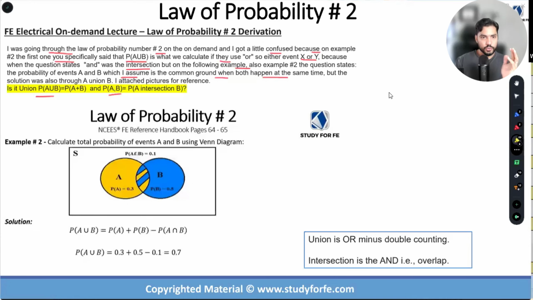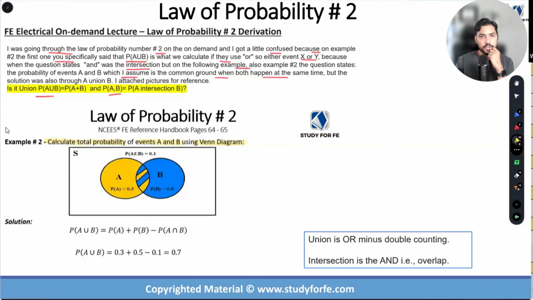Now, if you ignore the question that the student is asking, the way that the student worded it, and you just review the problem statement that the student has put together, it obviously seems like there was a mistake here. But now when we go back to the source and look at the question, the original question, calculate the total probability of events A and B using Venn diagram, right?